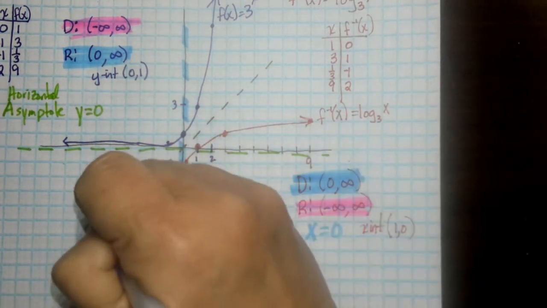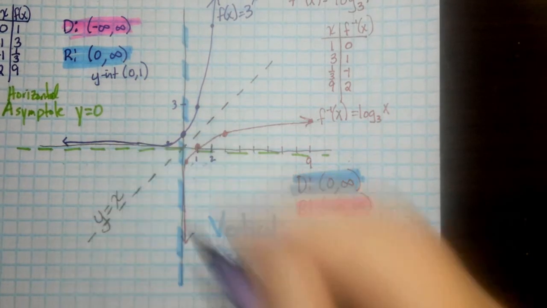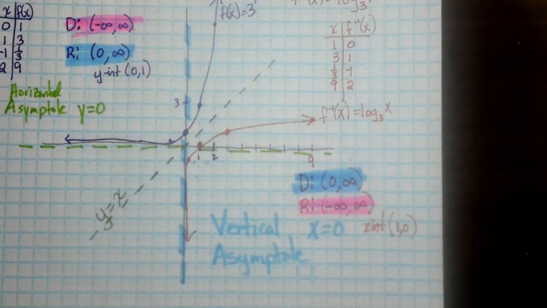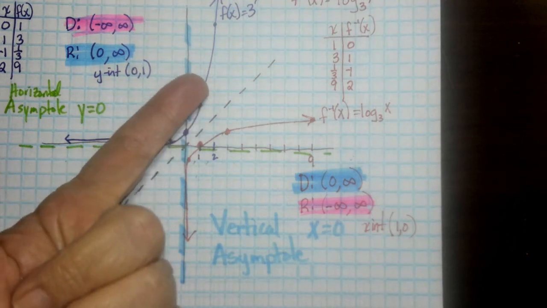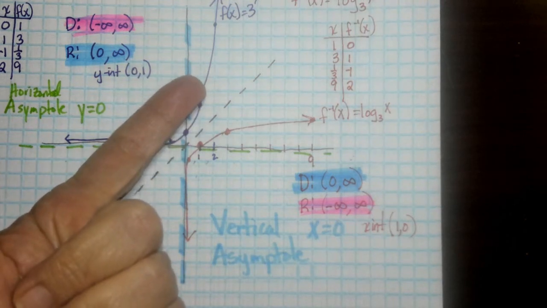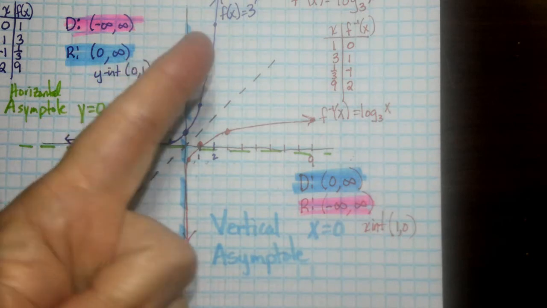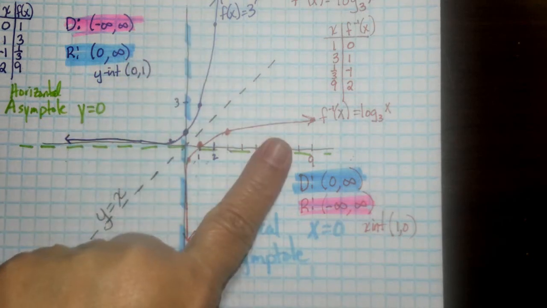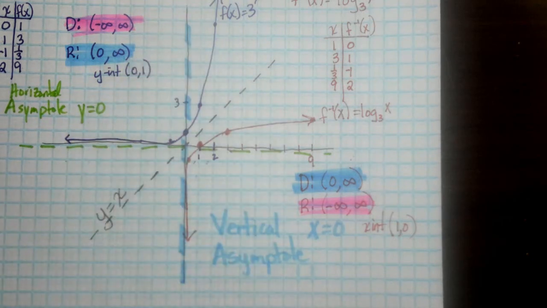So this is my line y equals x. Inverses always reflect over that line. So if I picture the purple graph and fold over this line, can you picture how it will lie on top of the red graph?